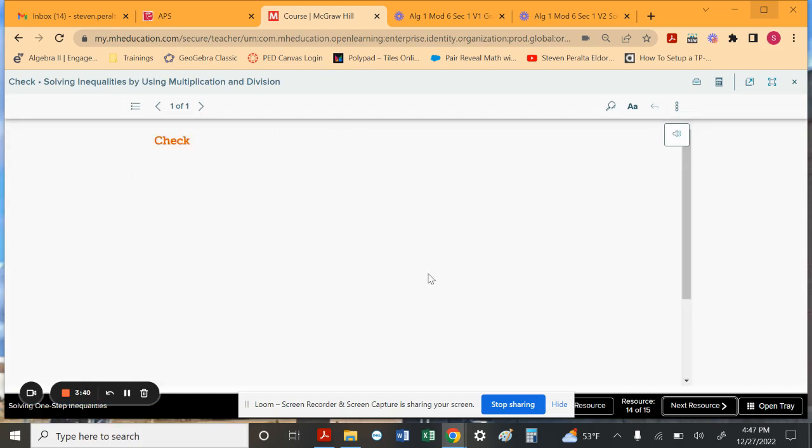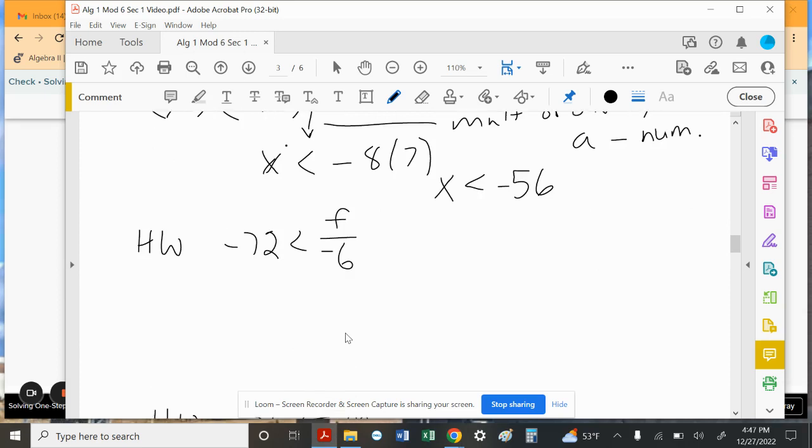Now, we have a check. We're going to go to that, but actually before we do that, I have some more homework problems that I'm going to do. So notice in this case, now we have to multiply both sides by negative 6. When I multiply both sides by negative 6, remember my arrow is going to change directions. So notice a negative times a negative becomes a positive, so those two become a positive.